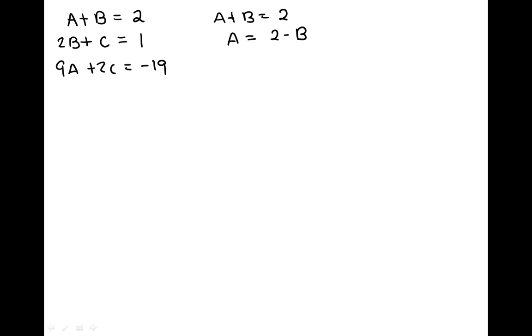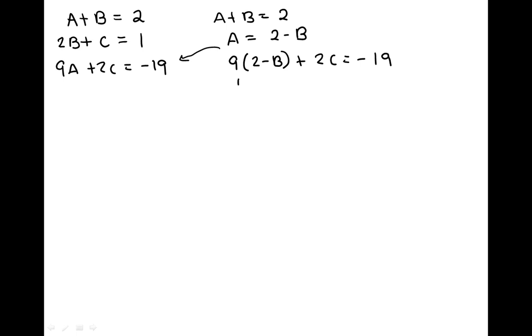And I'm going to plug that into this equation right here. So I'm going to say 9 times a, and instead of writing a, I'm going to put 2 minus b, plus 2c equals negative 19.